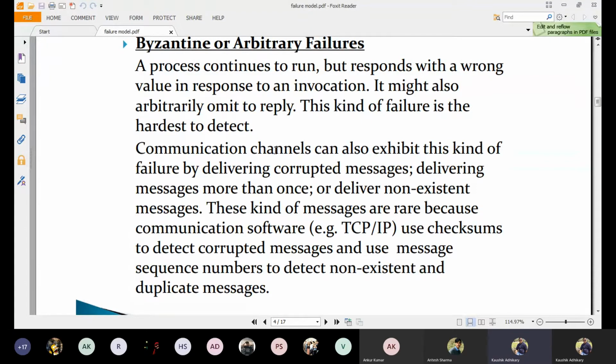This kind of failure is rare because communication software uses checksums to detect corrupted messages and uses message sequence numbers to detect non-existing and duplicate messages.